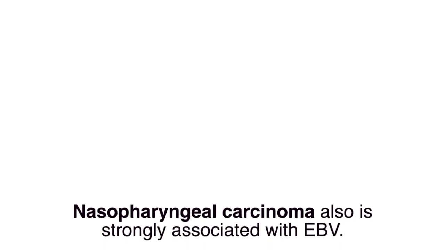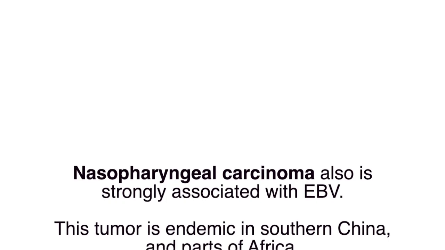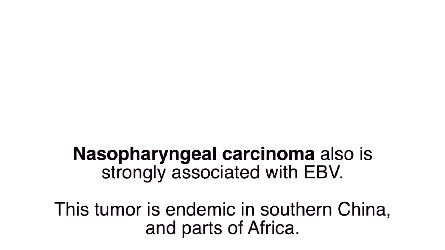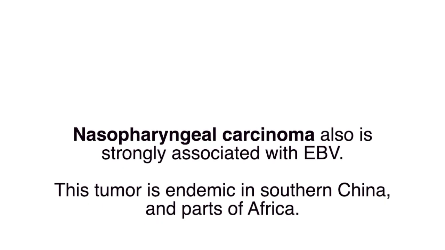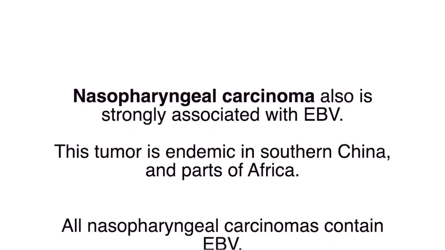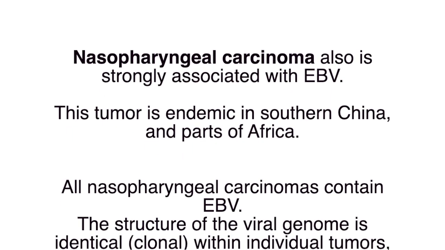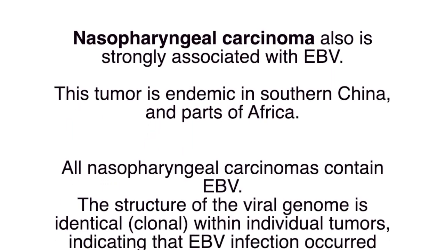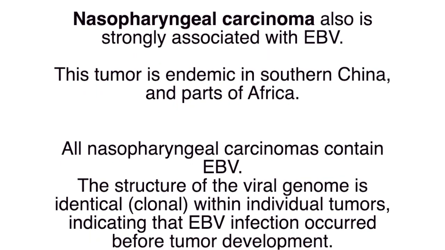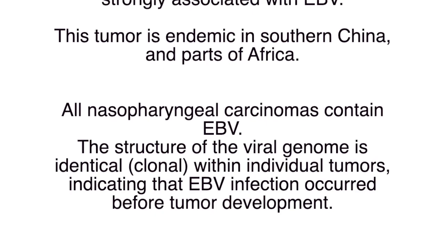Nasopharyngeal carcinoma also is strongly associated with EBV. This tumor is endemic in southern China and parts of Africa. All nasopharyngeal carcinomas contain EBV. The structure of the viral genome is identical, that is clonal, within individual tumors, indicating the EBV infection has occurred before tumor development.